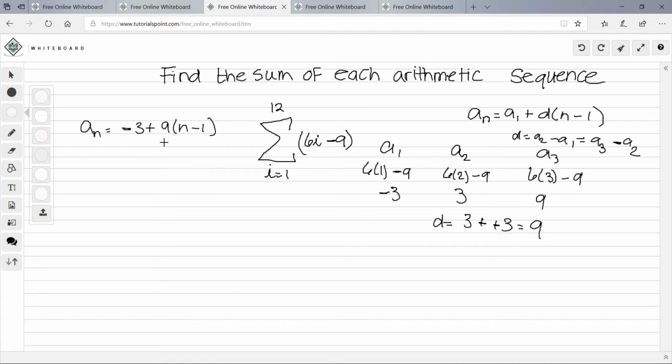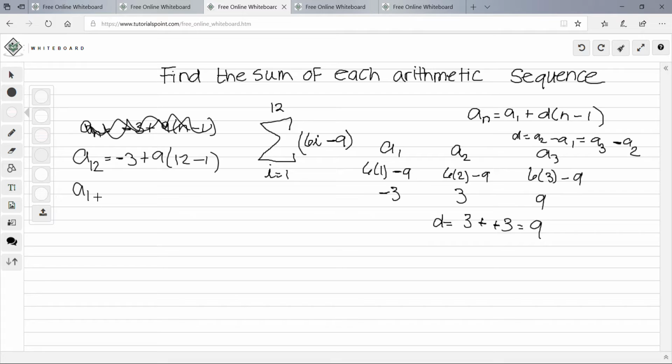I want to find our last term, a12. So a12 is the first term, negative 3, plus the difference, positive 9, times 12 minus 1. I got it from this formula, the nth term of an arithmetic sequence.